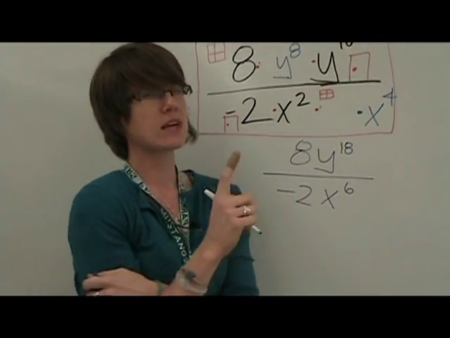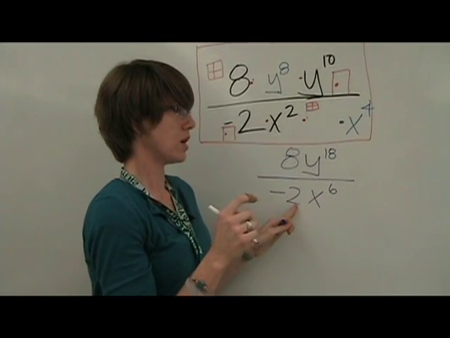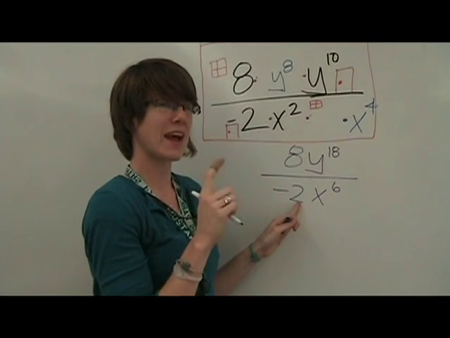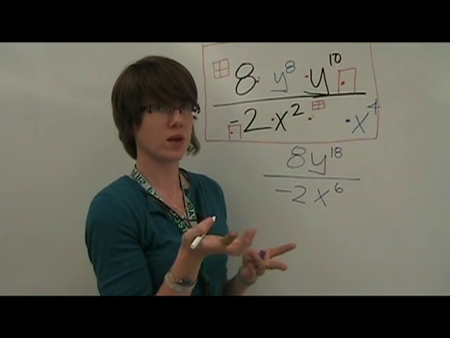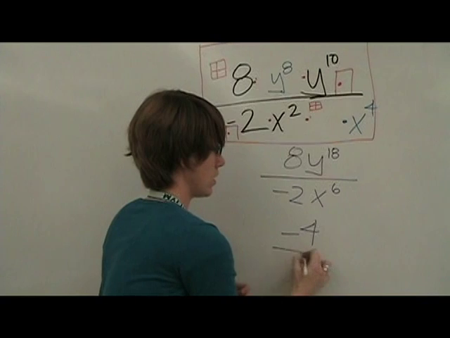But hold on, if 8 divided by -2 is -4, that's a whole number, it's not a fraction. Is that -4 going to go in our numerator or our denominator? It's a whole number, so it's going to stay in our numerator. So -4 in our numerator.